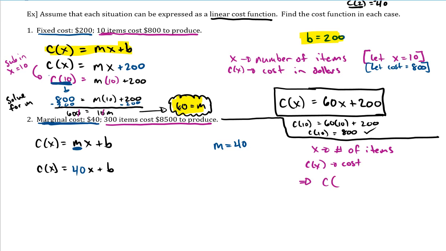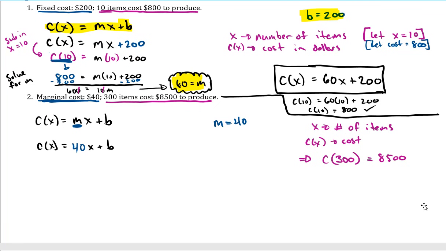Let's write it like this this time. So they're saying when you sub in 300, we should get $8,500. So I'm writing it in just one line instead of like what I did above. So this is saying the cost of 300 items is $8,500. So that's how it's broken down in mathematical notation.